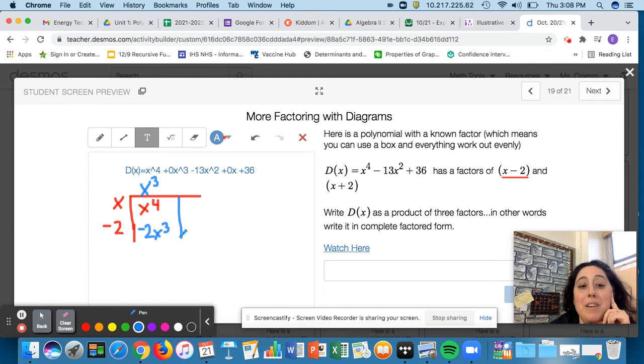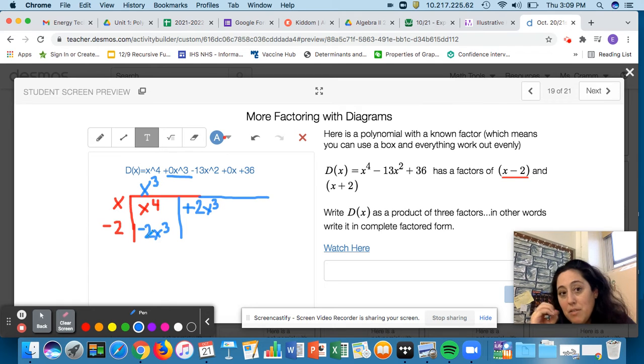Okay, cool. Now again, remember, I don't have any x to the thirds. I want to cancel that negative 2 out. So negative 2x to the third would cancel out with the opposite, which is a positive 2x to the third. Okay, so 2 minus 2 is 0, and that's exactly what I need for x to the thirds.